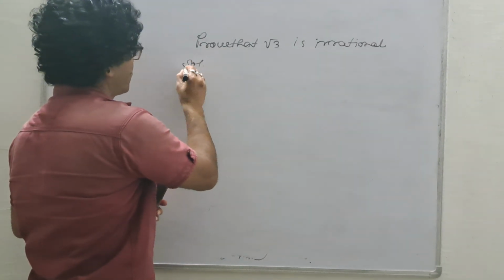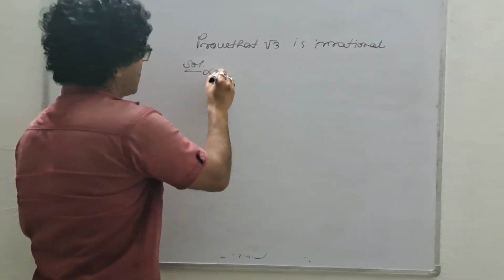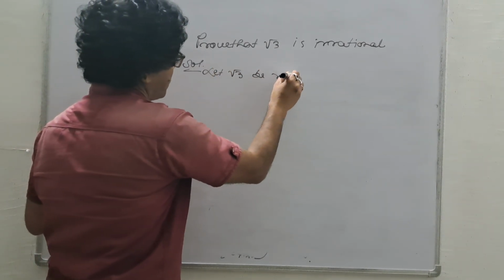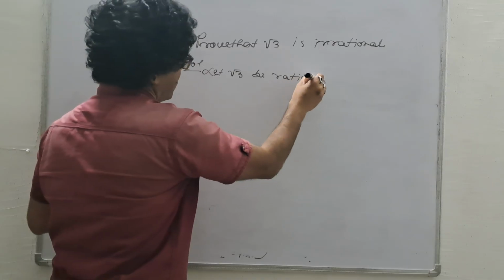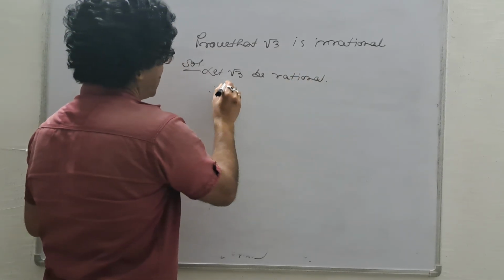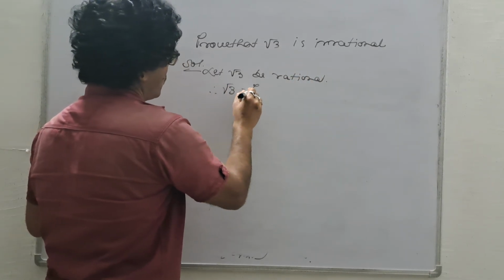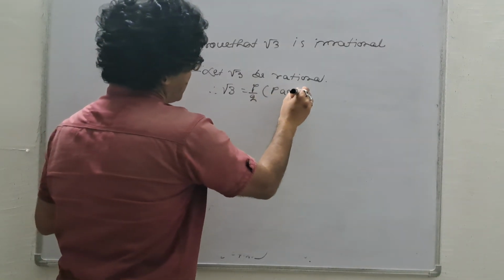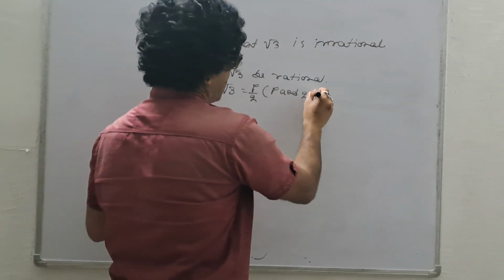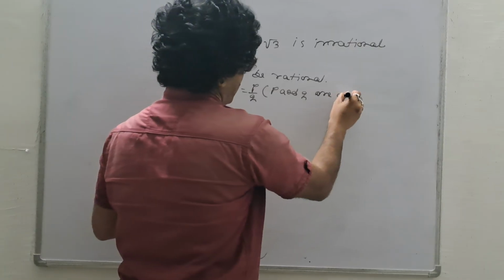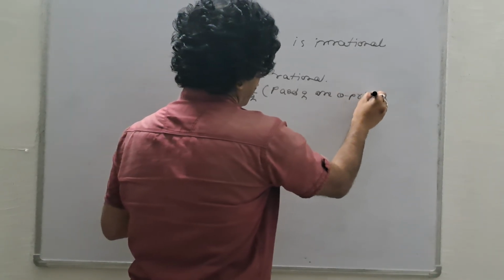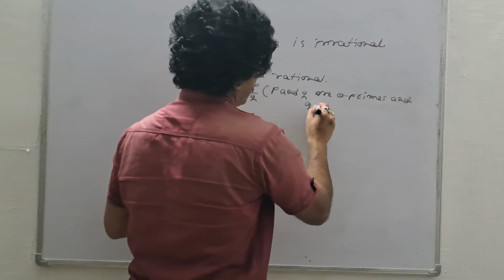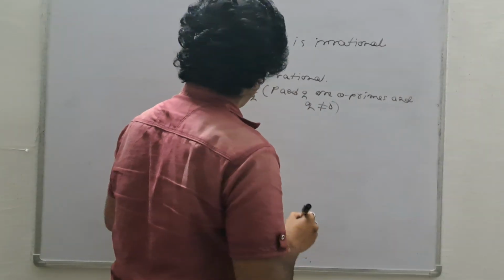Solution: let root 3 be rational. Therefore, root 3 can be written in the form p by q, where p and q are co-primes and q is not equal to 0.